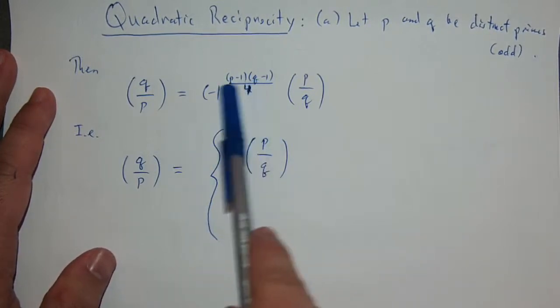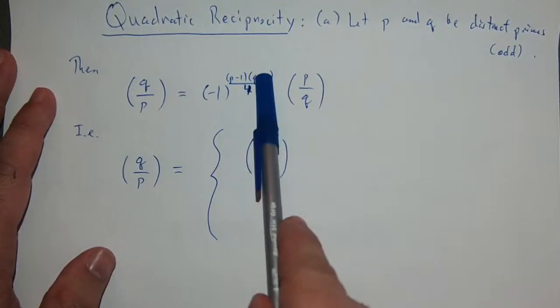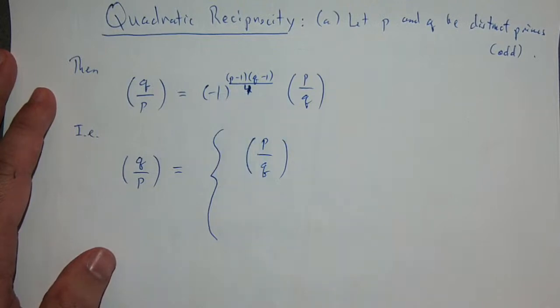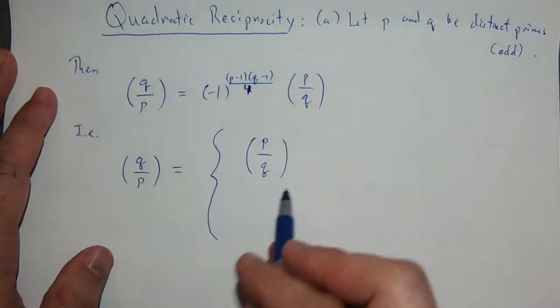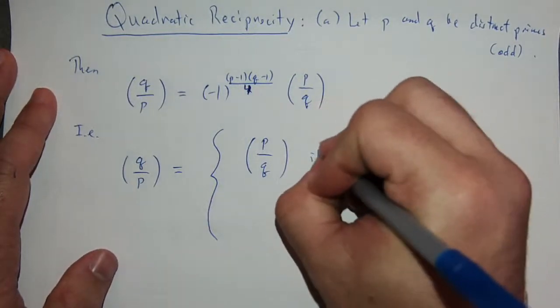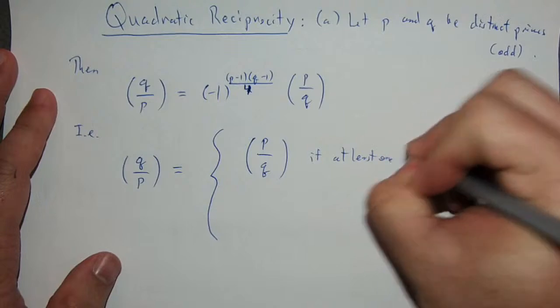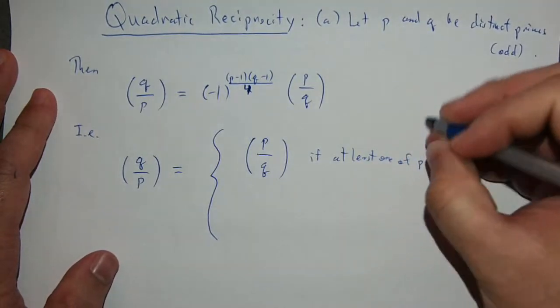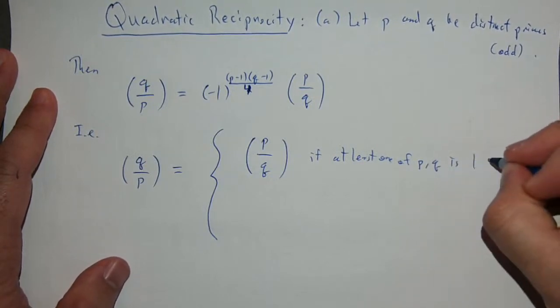But notice it doesn't matter whether P minus 1 is divisible by 4 or Q minus 1 is divisible by 4, we would get the same thing. Of course, if both of them were divisible by 4, even better. So this holds. So this is actually 1 if at least one of P and Q is 1 mod 4.